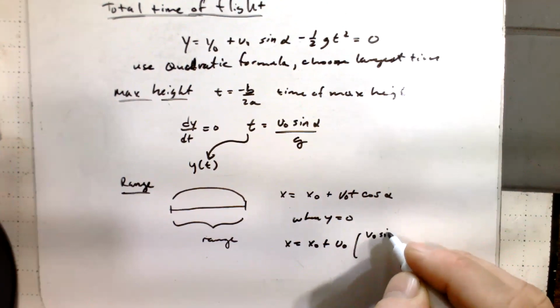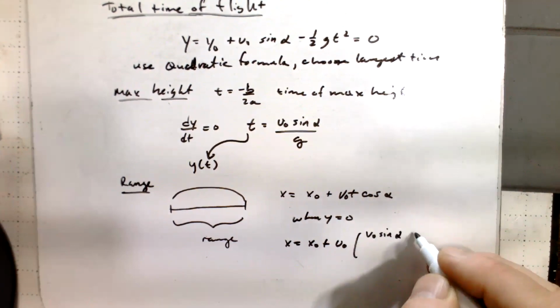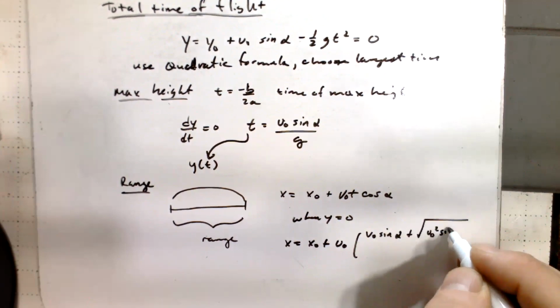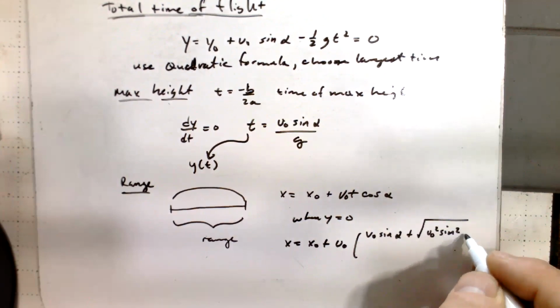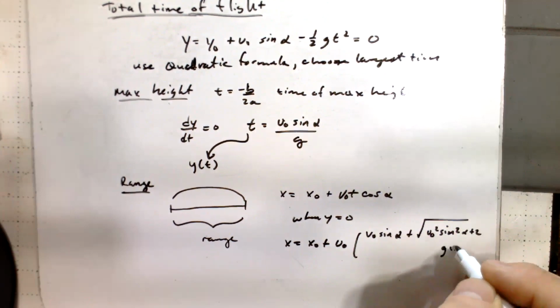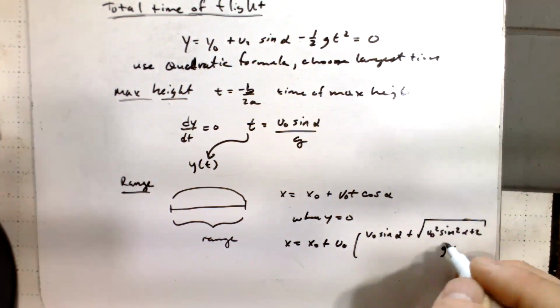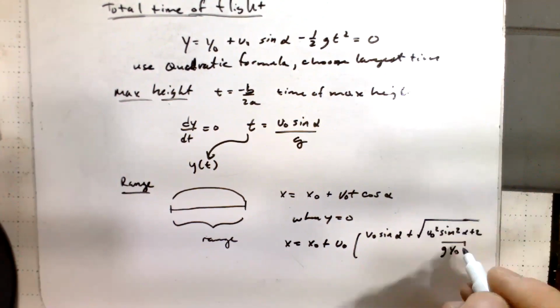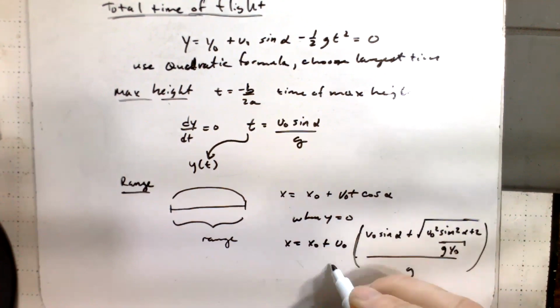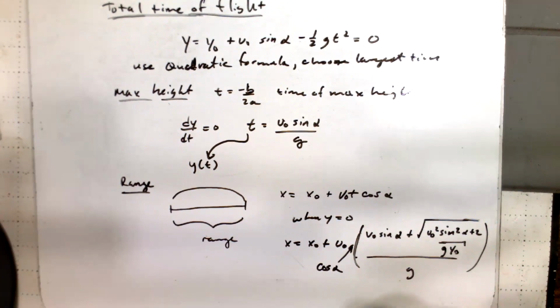This is v naught sine of alpha plus the square root of v naught squared sine squared alpha plus 2g y naught, with all of it going underneath the radical, all divided by g. And then right here, there should be a cosine alpha as well. So if that's not clear as mud, I don't know what it is.